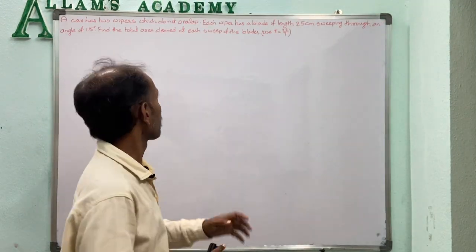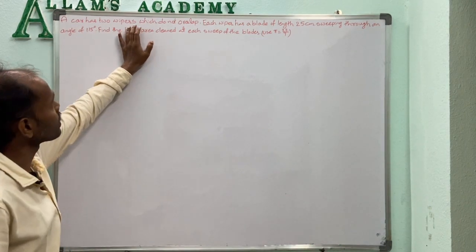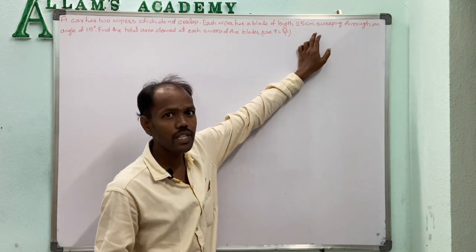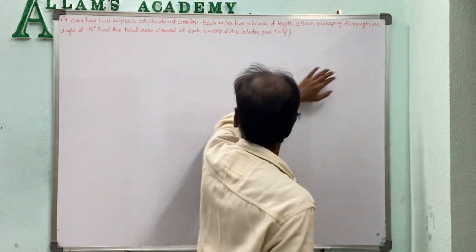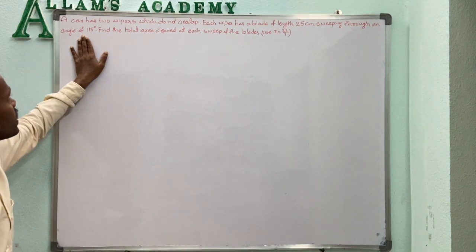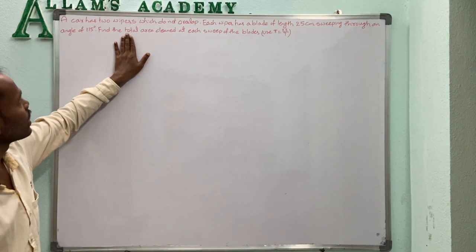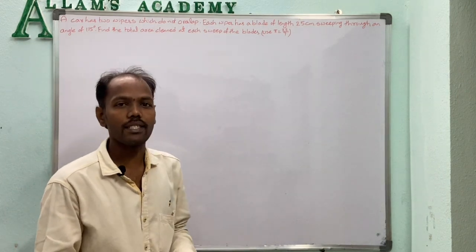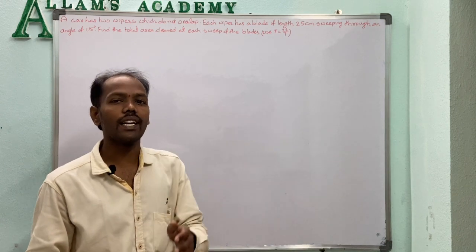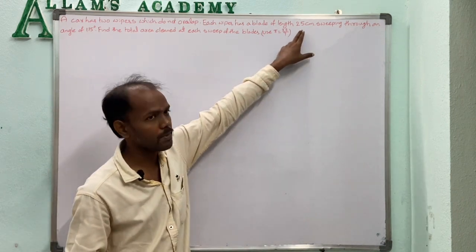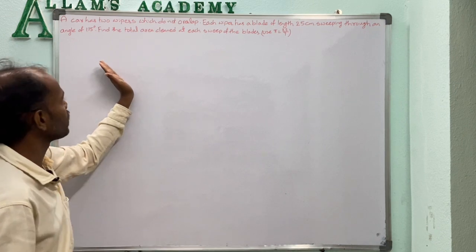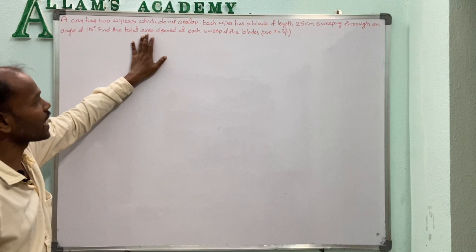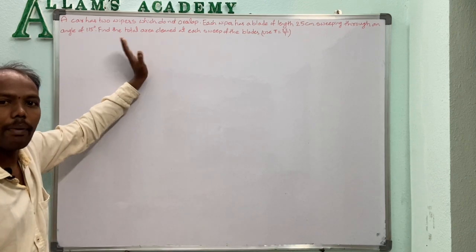Now the given problem: a car has two wipers which do not overlap. Each wiper has a blade of length 25 centimeters sweeping through an angle of 115 degrees. Find the total area cleaned at each sweep of the blades. So the wipers of the vehicle have 25 centimeters length and wipe through a 115 degrees angle. Now we want to find the area cleaned by this wiping.